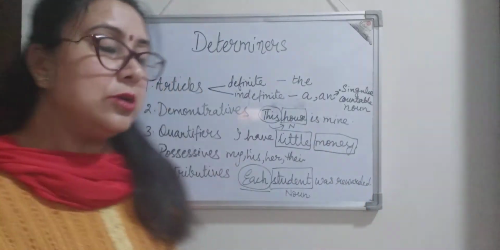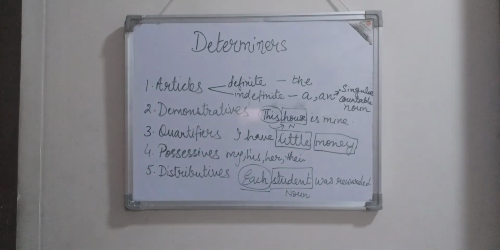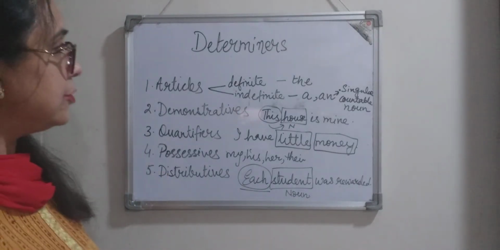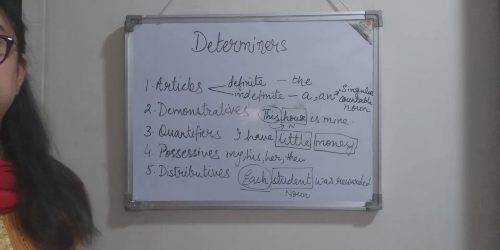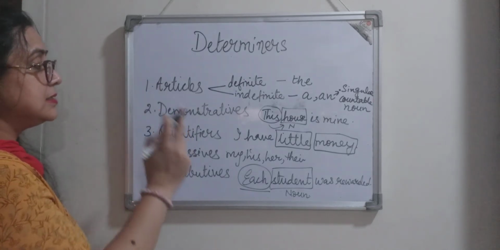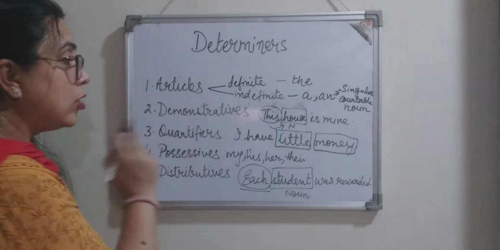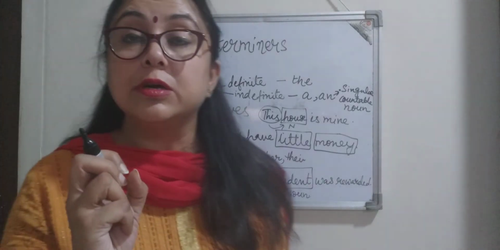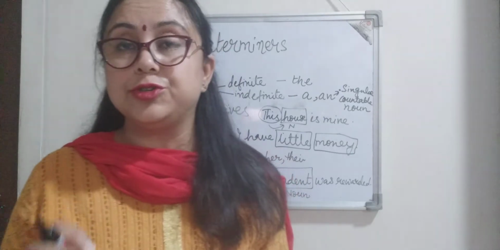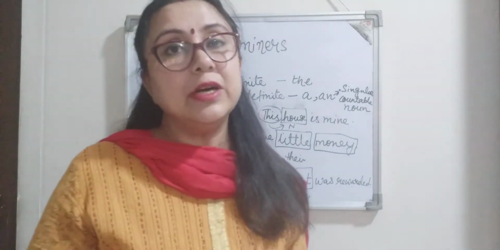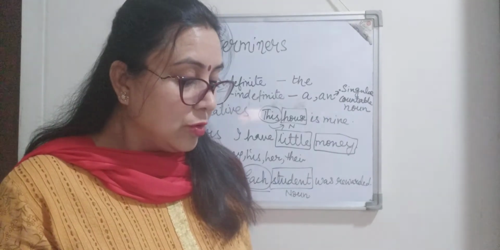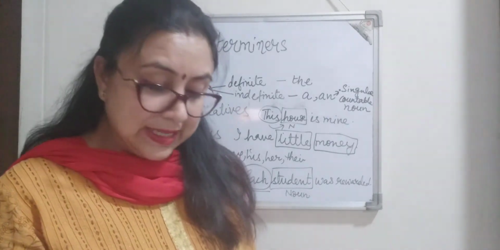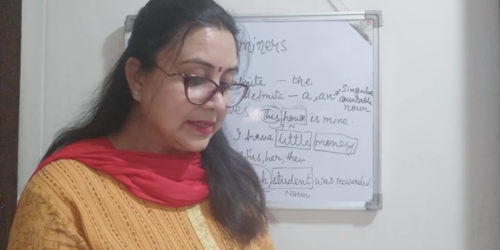Fine. So I hope the distributives are also clear to all of you. And so these are the determiners. What all are they? I repeat once again. Articles, demonstratives, quantifiers, which refer to the quantity or the number of the noun. Words like little, few, all these are quantifiers, right?